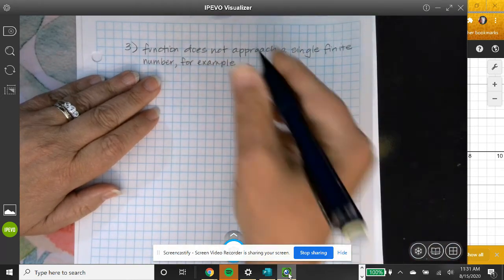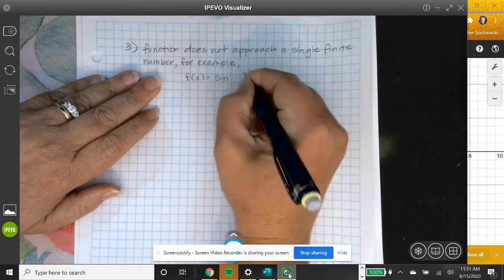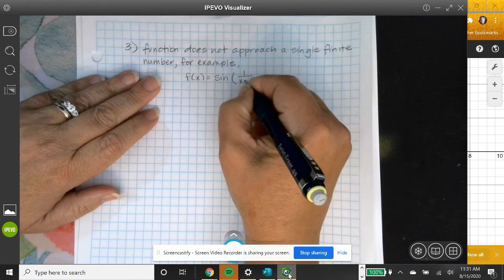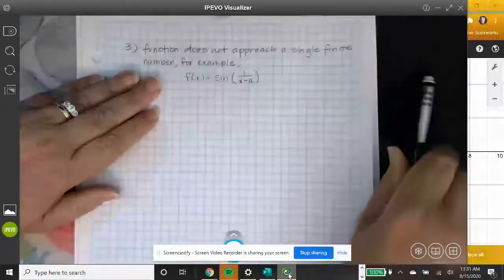Now, the example I'm going to use is f of x is equal to the sine of 1 over x minus a.